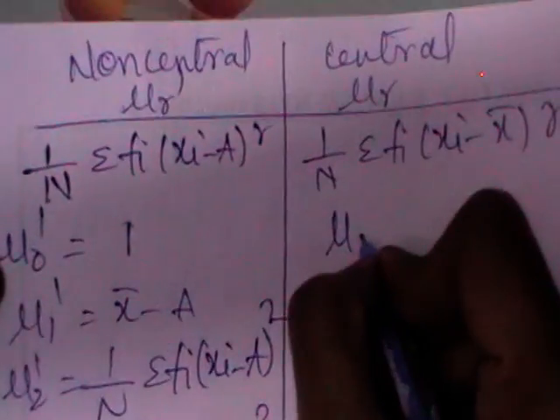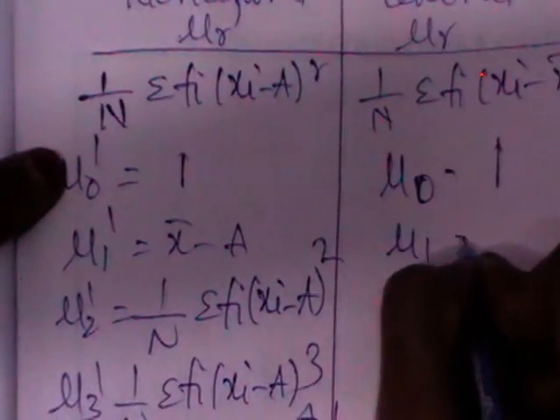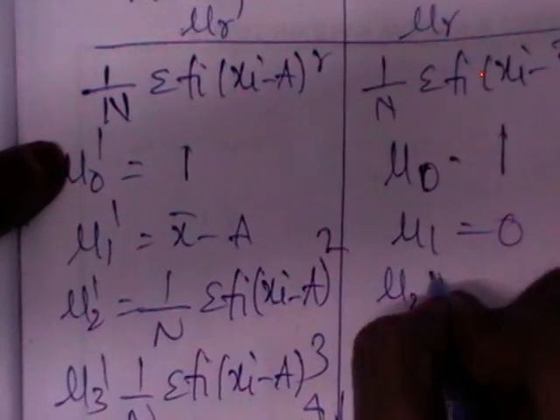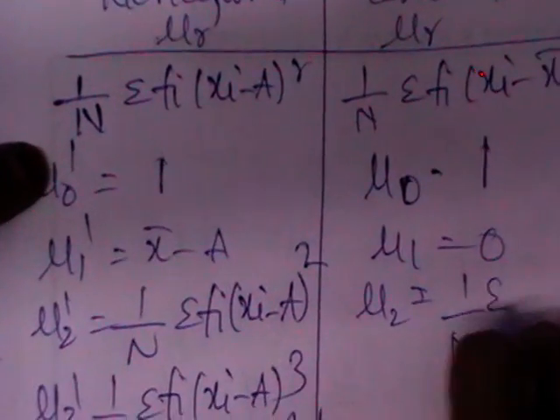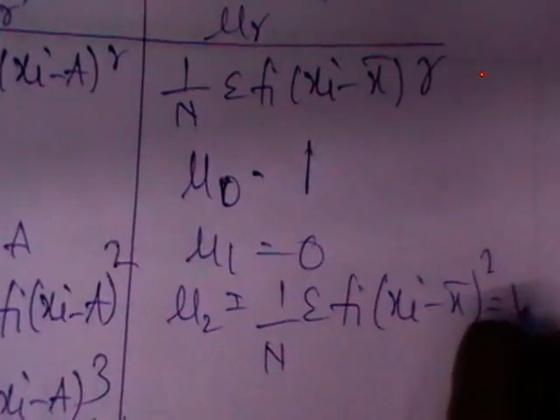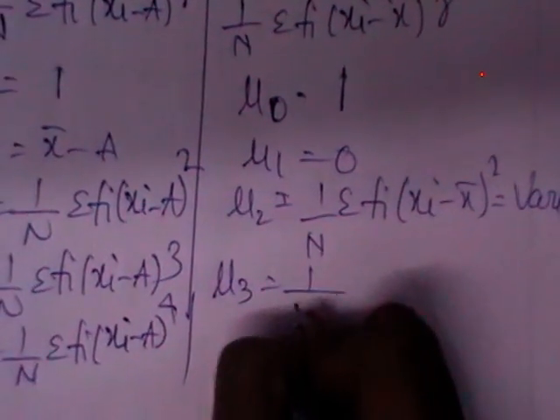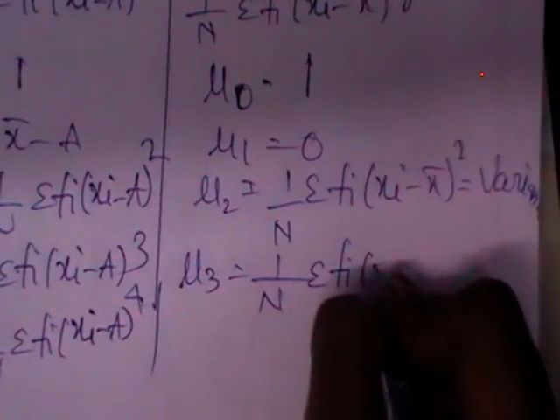Here mu 0 is 1, mu 1 is 0, mu 2 is 1 by n sigma fi into xi minus x bar whole square, which is always variance, because we need variance for the calculation of standard deviation.